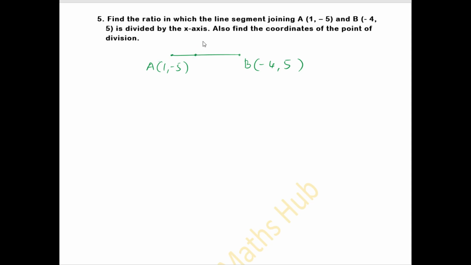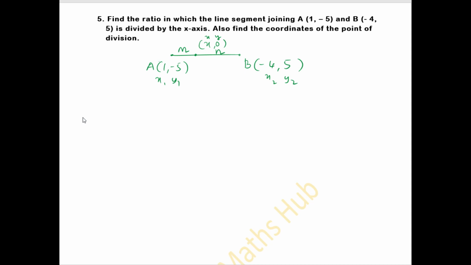The point on the x-axis will be of the form (x, 0). The point on the x-axis is of the form (x, 0), which divides the line in the ratio m is to n. We should find out the ratio m is to n. So this is x1 y1, x2 y2 and x comma y.